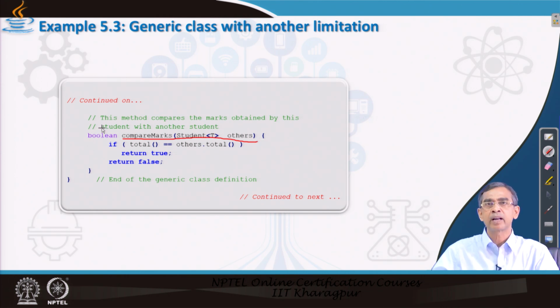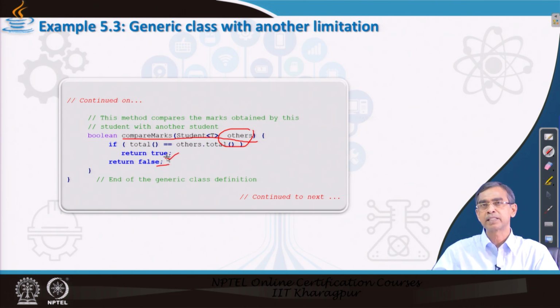For a given collection, if we call this method to compare with another collection which is passed as an argument, then we see if the total of the current class is the same as the total of the comparable class. If so, it will return true, otherwise it will return false.